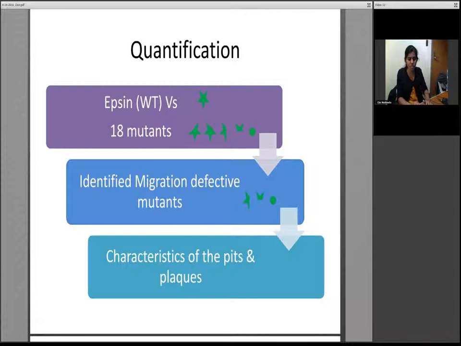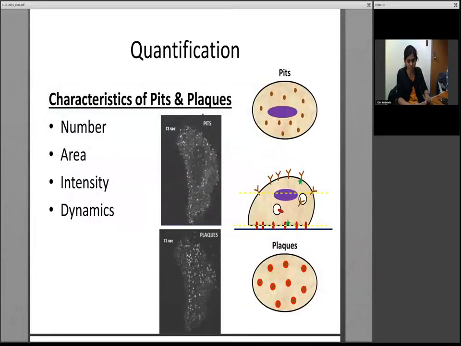So now that we identified these mutants, we want to know how these different mutants affect the endocytic pits versus the endocytic plaques. And what are the specific characteristics that we want to study?